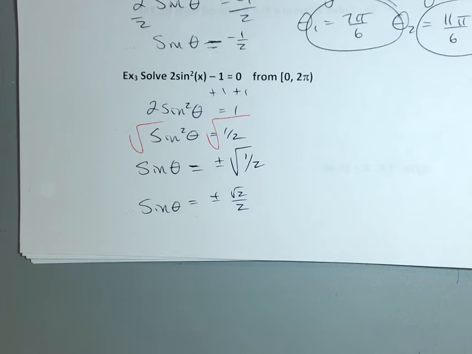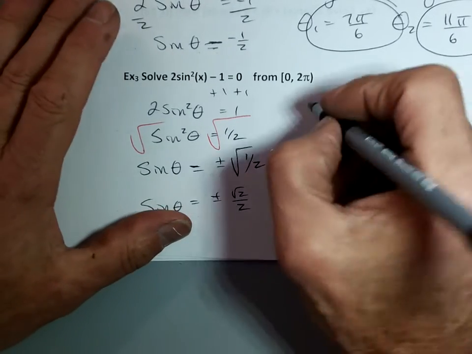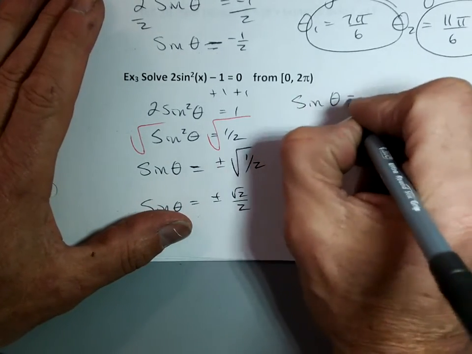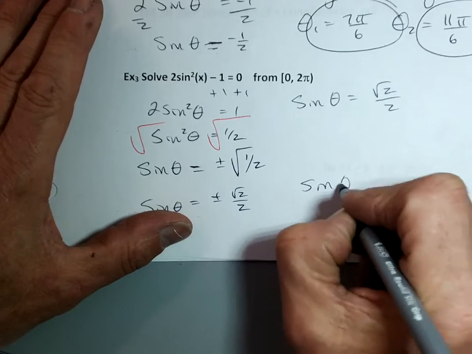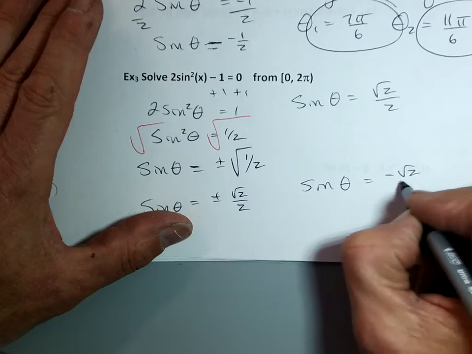So let's take a look at that. Now, because of the plus or minus, we're going to have 4 answers, because I'm going to rewrite it as 2 parts. So I'm looking for sine of theta equals square root of 2 over 2, and I'm looking for sine of theta equals negative square root of 2 over 2 from the unit circle.